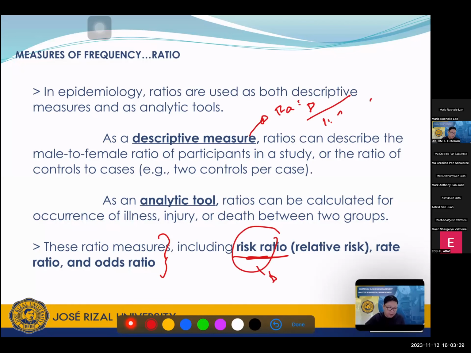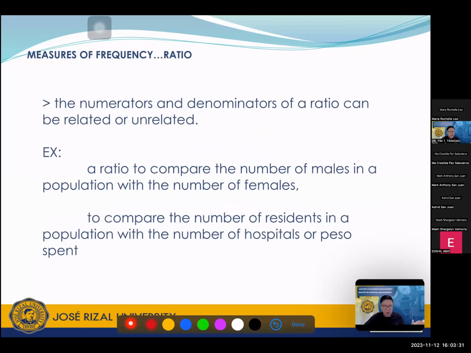This is different. So it will take us another topic to discuss this one. But we will not include that in our analysis na kasi we are not in epidemiology. So the numerators and denominators of a ratio can be related or unrelated. So a ratio to compare the number of males in a population with the number of females can be done.